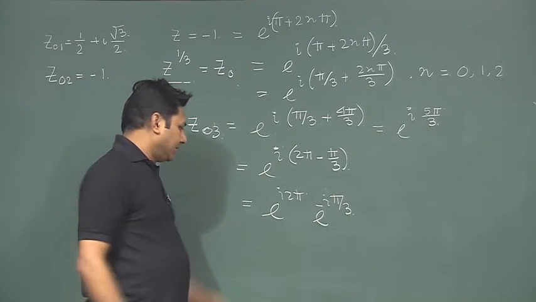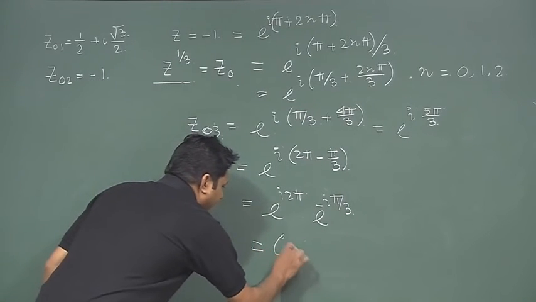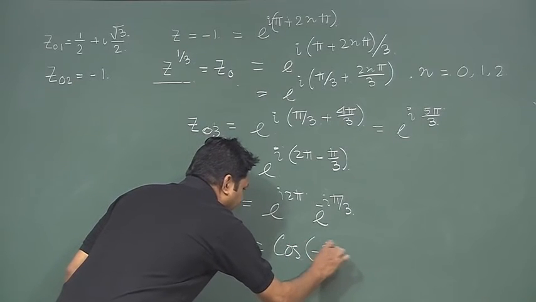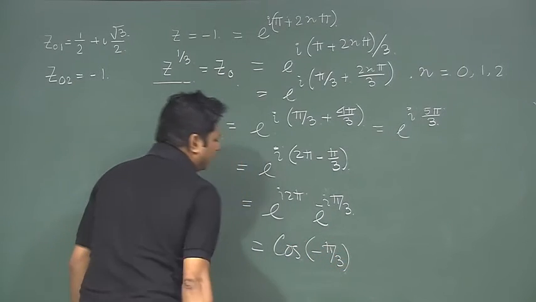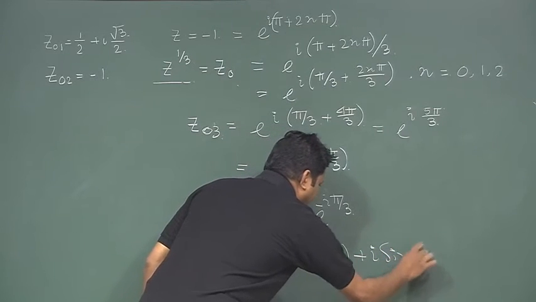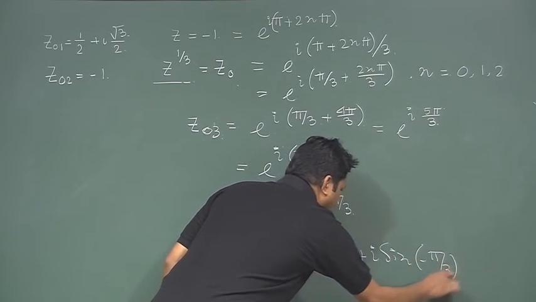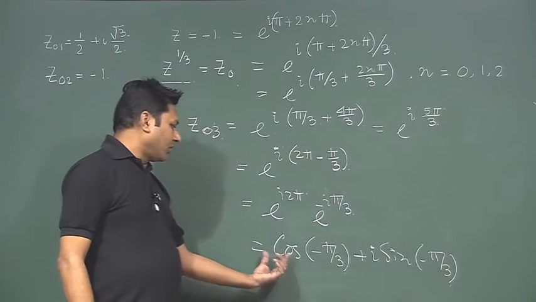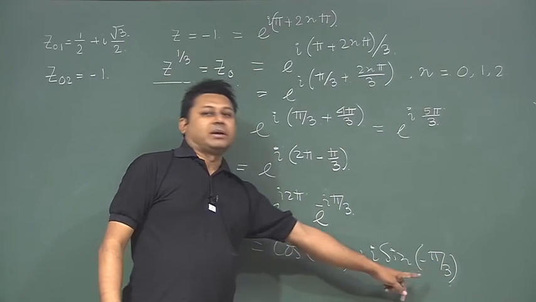That means it will be cos of minus pi by 3 plus i sin of minus pi by 3. You can write it this way, or write cos pi by 3 minus i sin pi by 3.